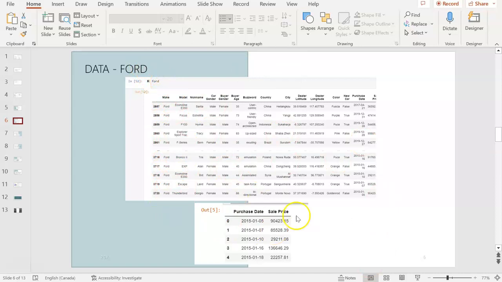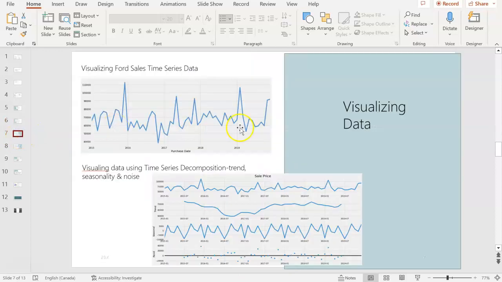This was what was originally in the data set, but all we really required was the purchase date and the sales data.